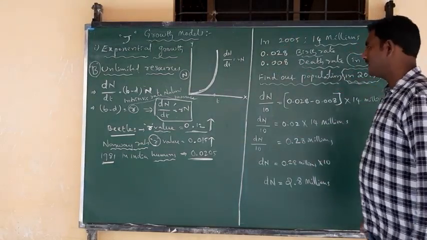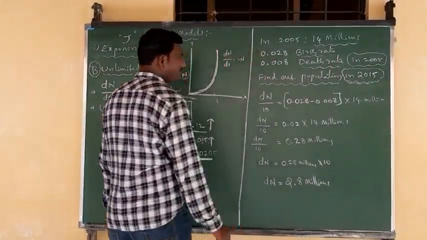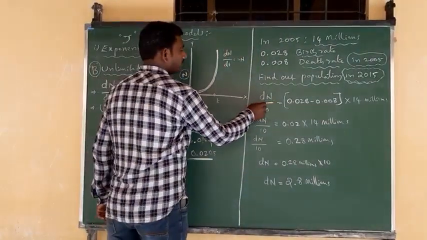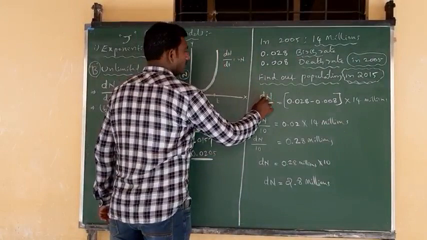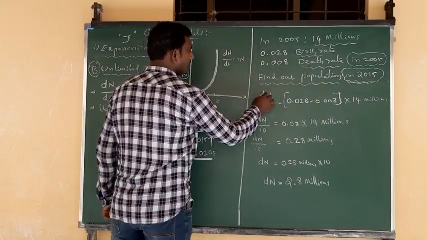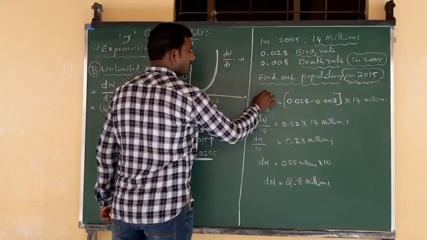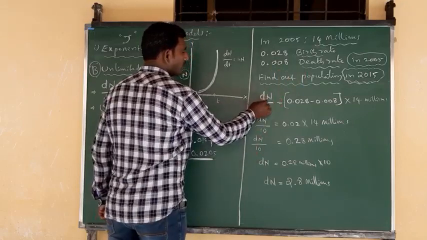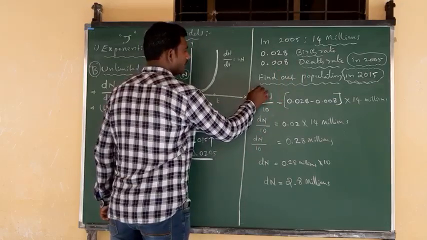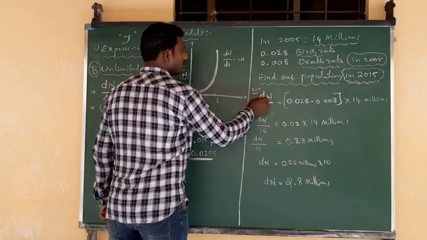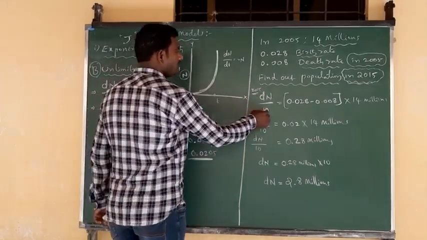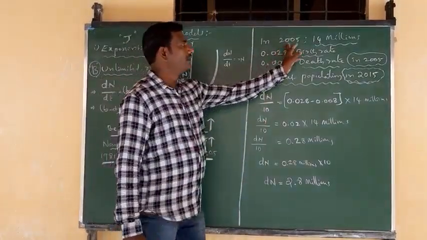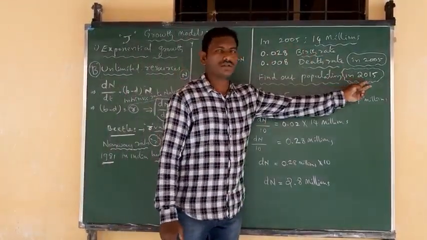For this, see here, we already know the formula is dN/dt. Here dN is the total number of individuals. Which individuals do we have to find out? That comes under dN, meaning whatever the population in 2015. dt means t, that is time. They gave 2005 and 2015.